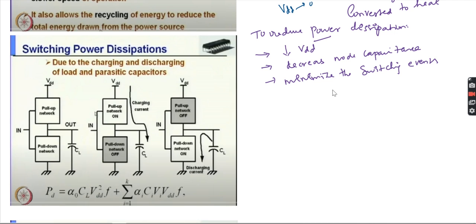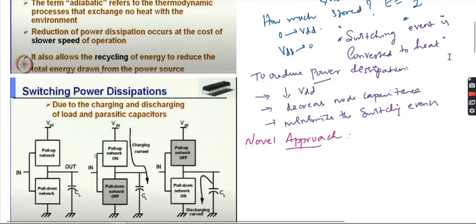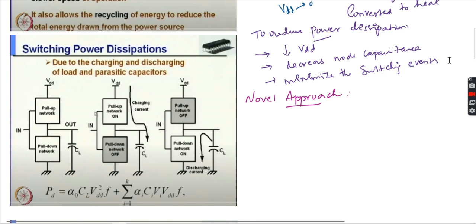Now there is a novel approach here to achieve energy dissipation below the limit. As we have seen previously, the power dissipation will not go below 1 by 2 CL VDD square if I use the previous techniques.